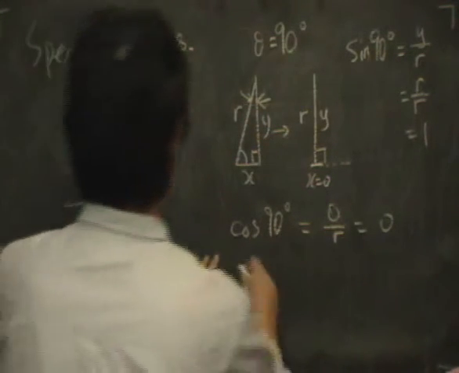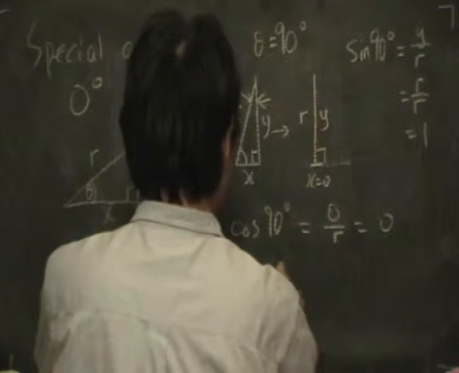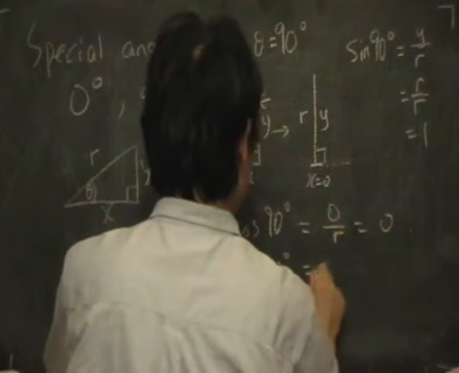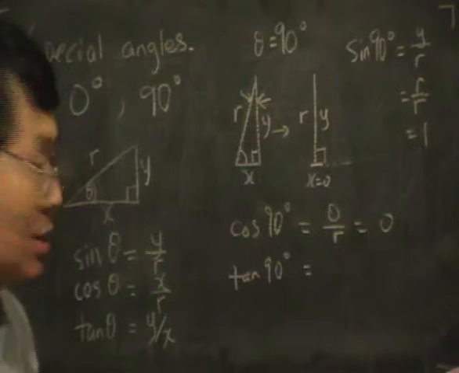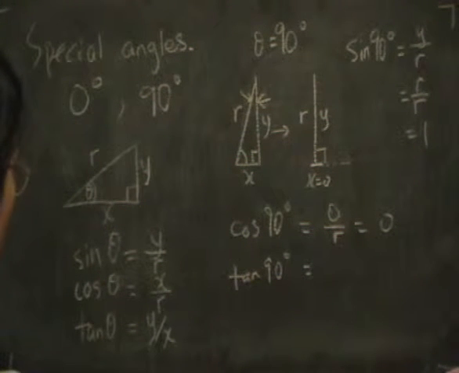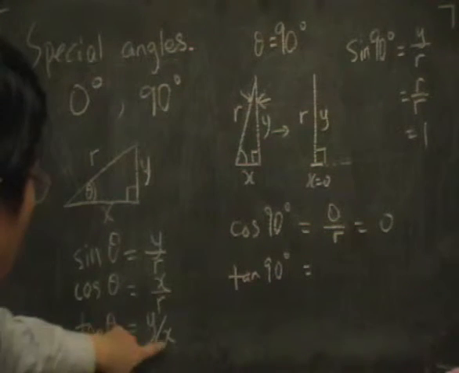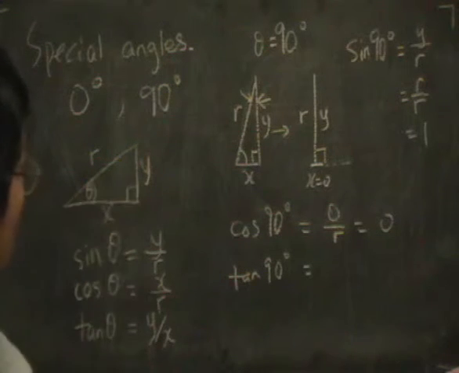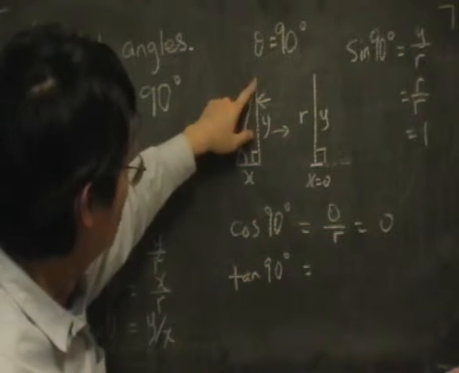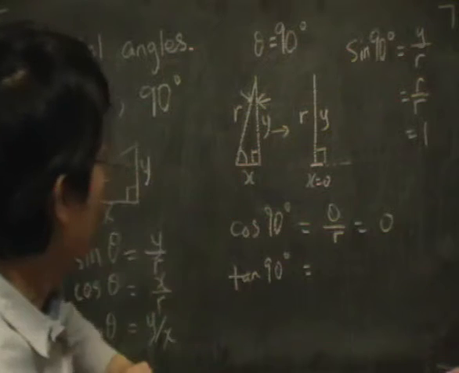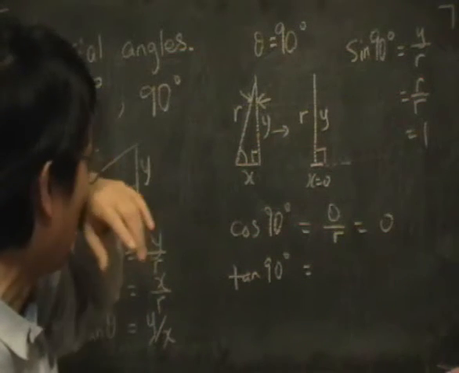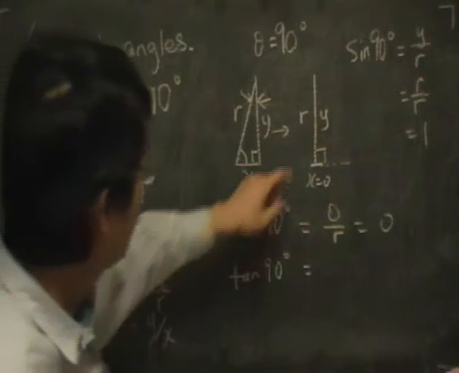Finally, tangent 90 degrees. Right, tangent is y over x, is the opposite over adjacent. Now this is tricky.